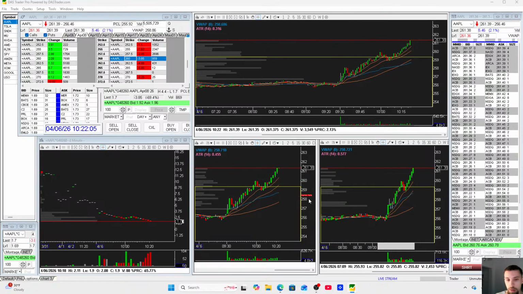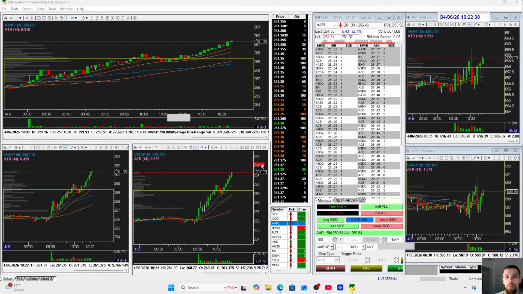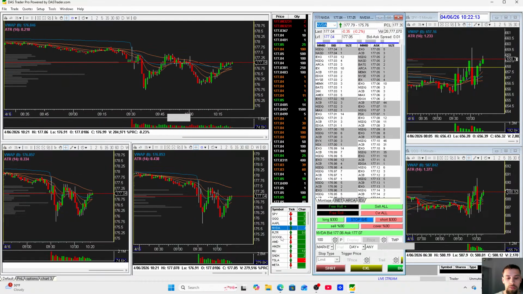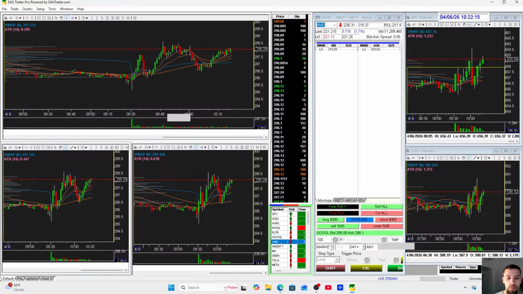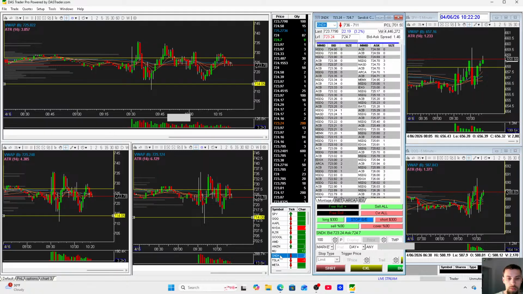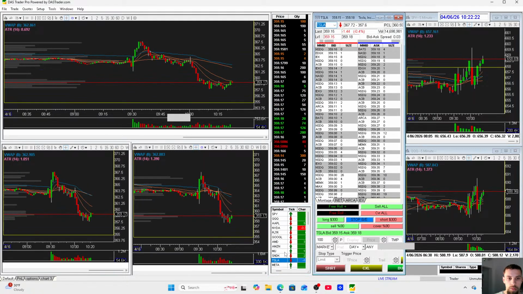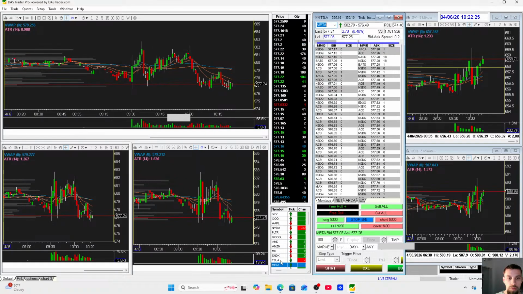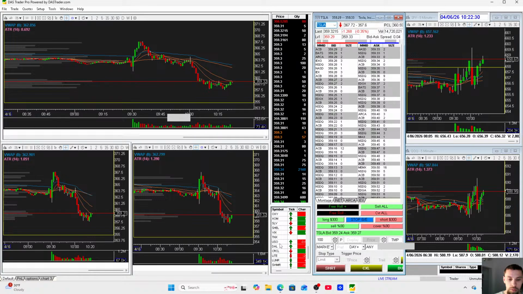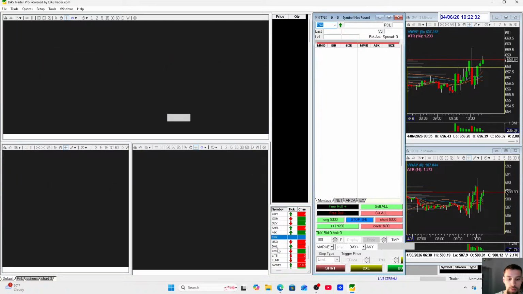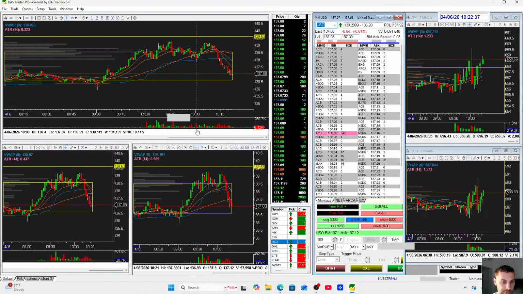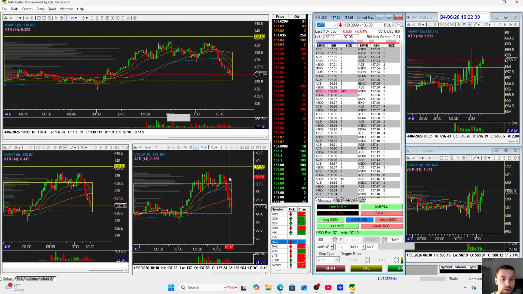SPY and Qs looking good. So USO trade would have been good. Double top pattern.